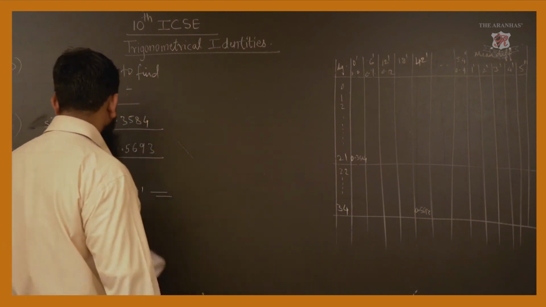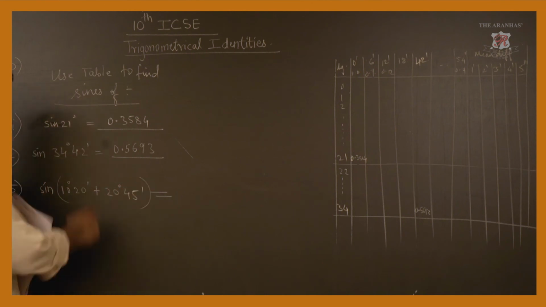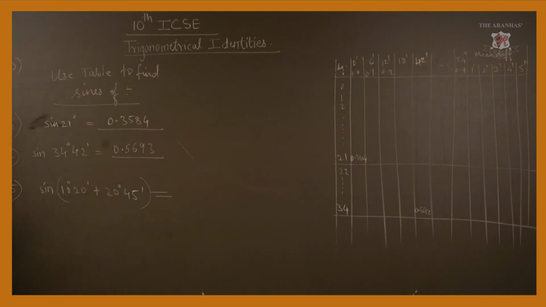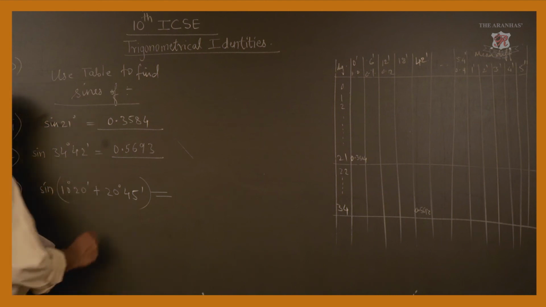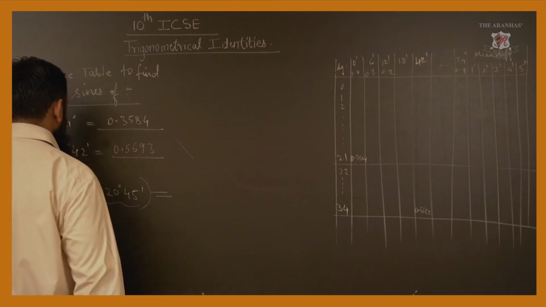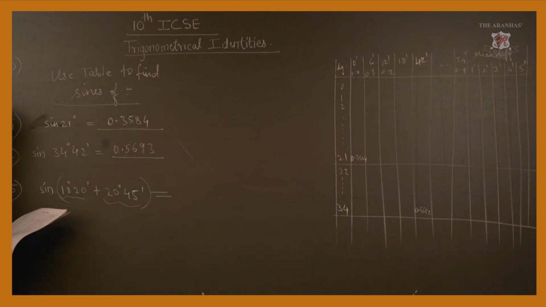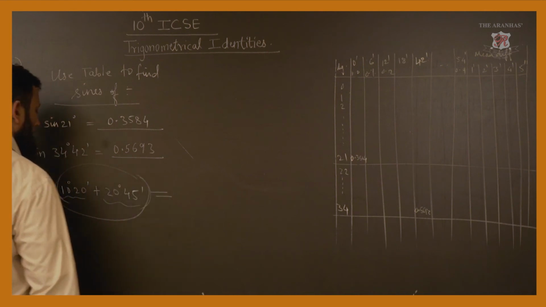And the last one, they have asked us to find sine of 10 degree 20 minutes plus 20 degree 45 minutes. Means first you have to find the sum of these angles. They are saying first add the angles and then go for the value.